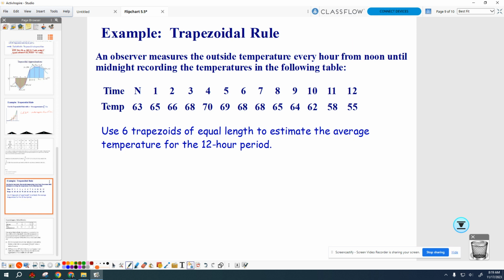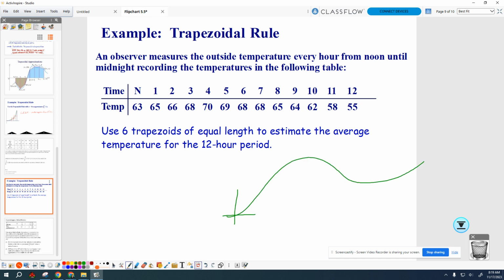For AP purposes, they will often give you a function, and they'll say, we want the average from A to B, and they don't say anything specific. They're not like, here are your 10 data points. They say, here's your function. Now, do you take 50 sample points and add them and divide?